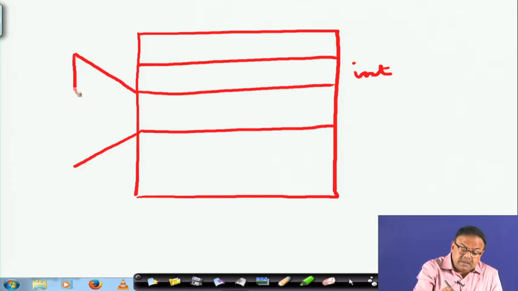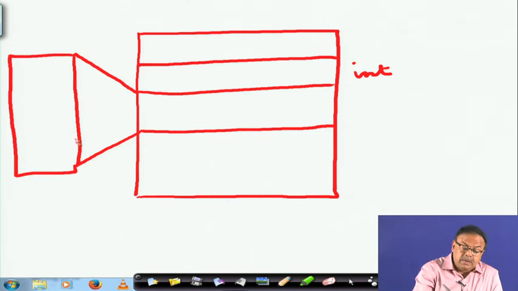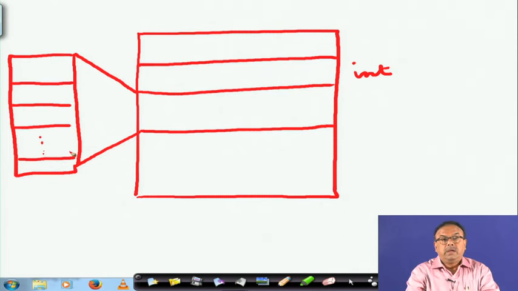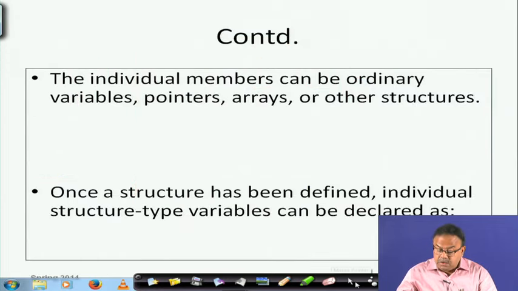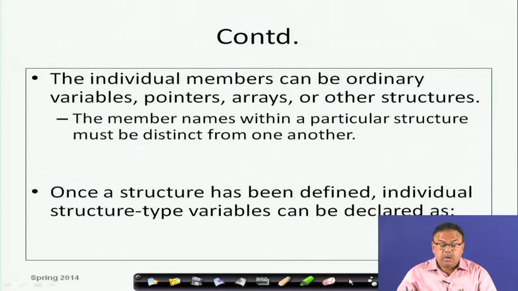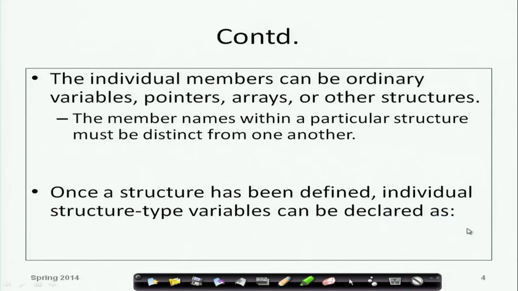It can be another structure with more members inside. Okay? That is also possible. That is the beauty and the flexibility that we get from structures. The member names within a particular structure must be distinct from one another. We cannot give the same name to two different members.